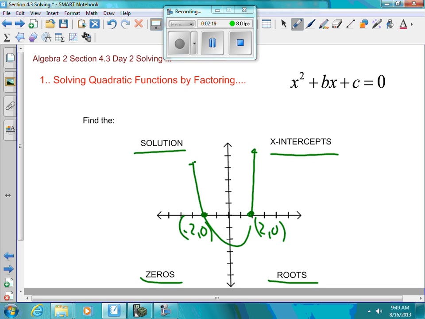Our zeros would be -2 and +2. Our roots would be -2 and +2. Like I said, our x-intercepts, (-2, 0) and (2, 0). Solutions, -2 and +2. So really, they're talking about the same thing. I'm trying to find these spots where they cross the x-axis.